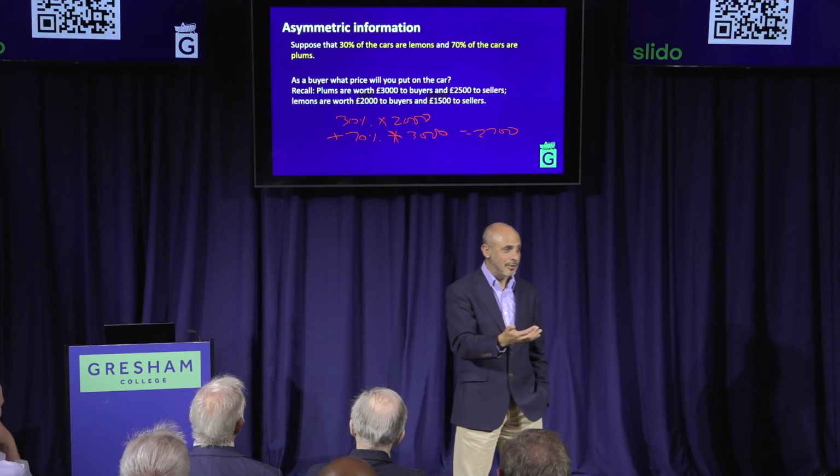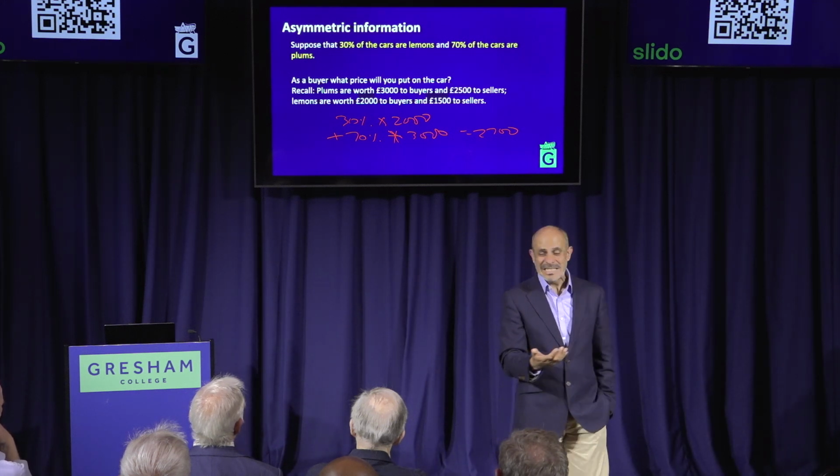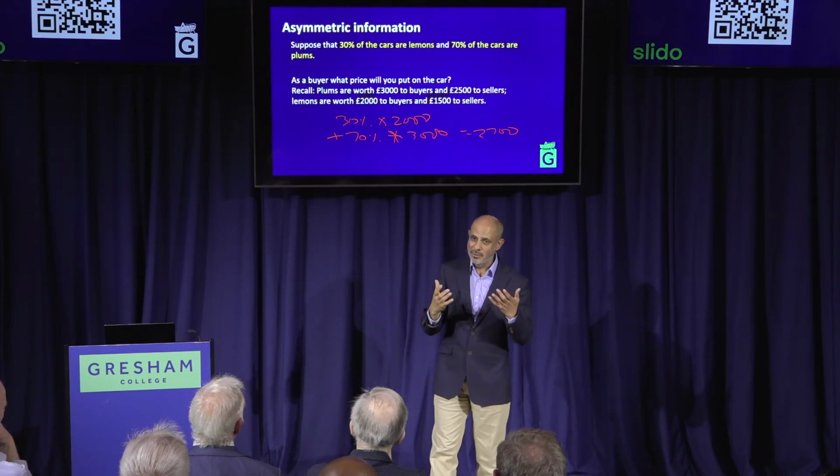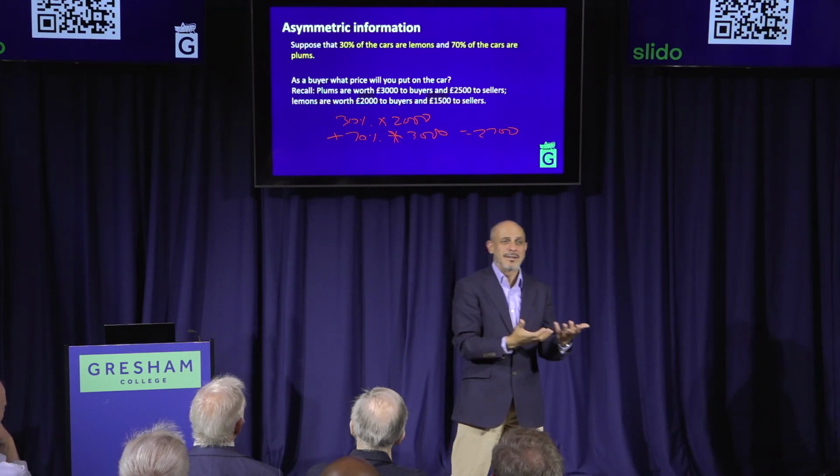What about the plum sellers? Will they sell? Yes, they will, because the plum is worth 2,500 to them, so at least they're getting 2,700. They will sell, but they're not happy about it. The buyer doesn't care, because the buyer just pays the average price. So 30% of the time, they're overpaying for a lemon, but 70% of the time, they're getting a plum cheap.